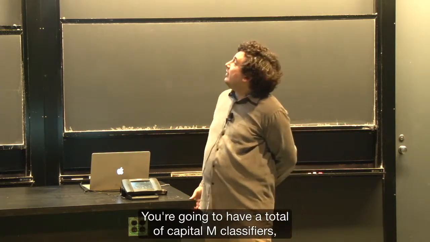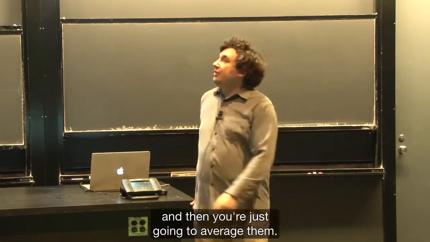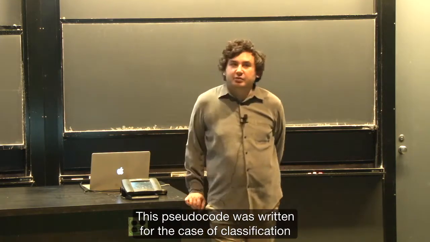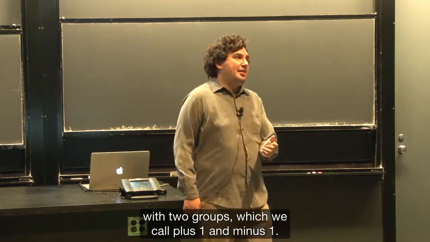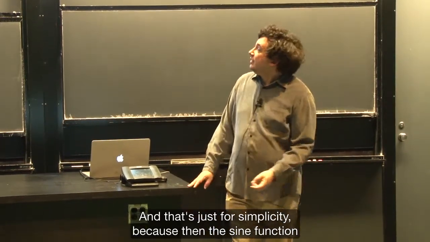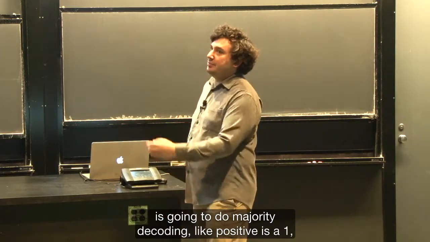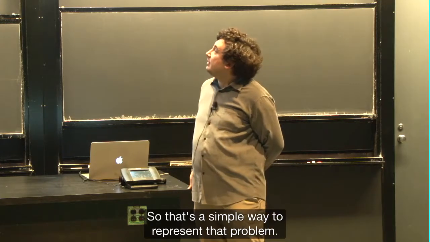You're going to have a total of capital M classifiers, and then you're just going to average them. This pseudocode was written for classification with two groups, which we call +1 and -1. That's just for simplicity, because then the sign function does majority voting: positive is a 1, negative is a -1. So that's a simple way to represent that problem.